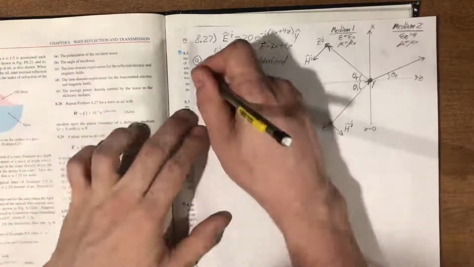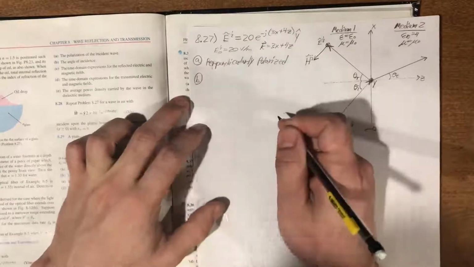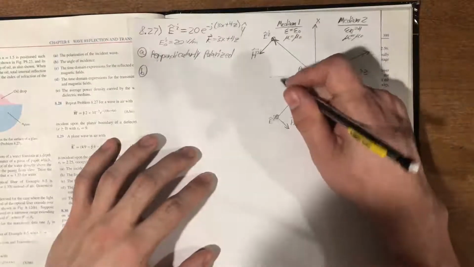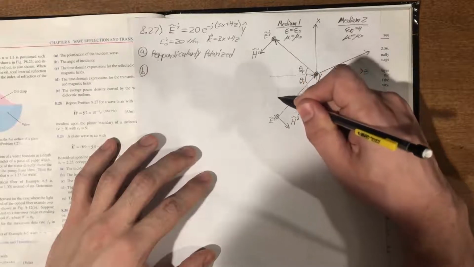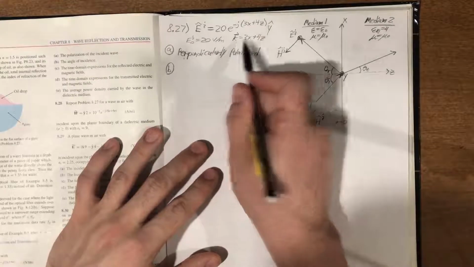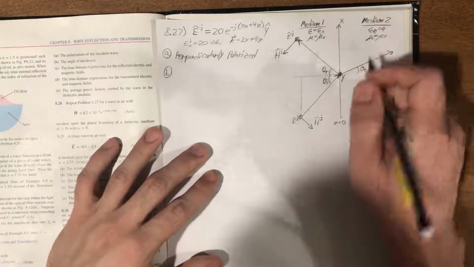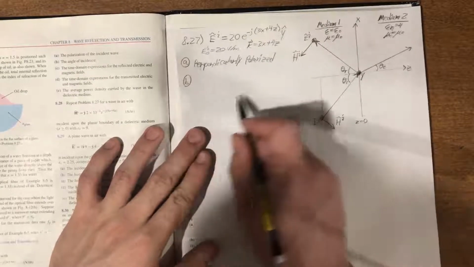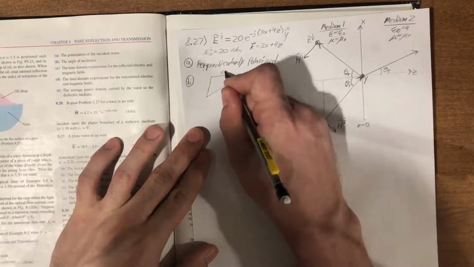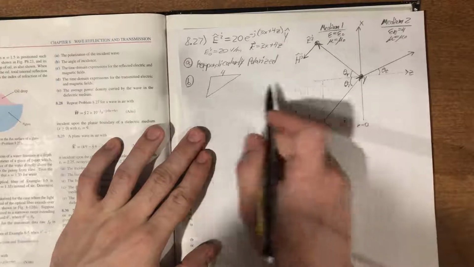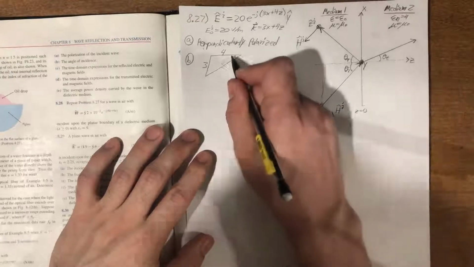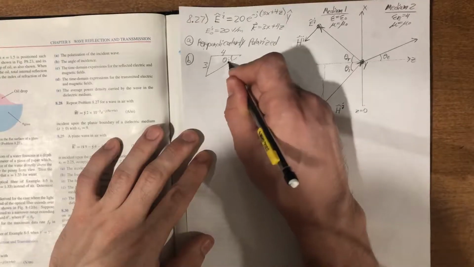Next, we're looking for, in letter B, the angle of incidence. So the angle of incidence we can find using trigonometry. We see a triangle here. We have the k vector, and I'm going to draw another triangle here. This side is 4 in the z direction, this side is 3, and we're looking for this angle of incidence.